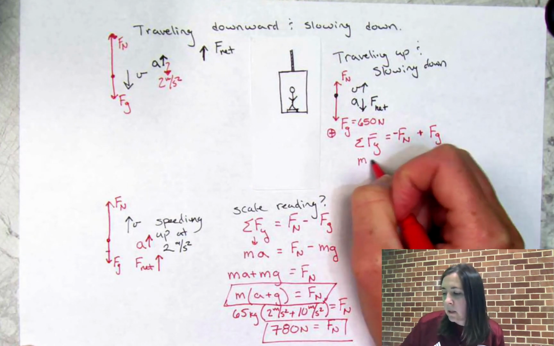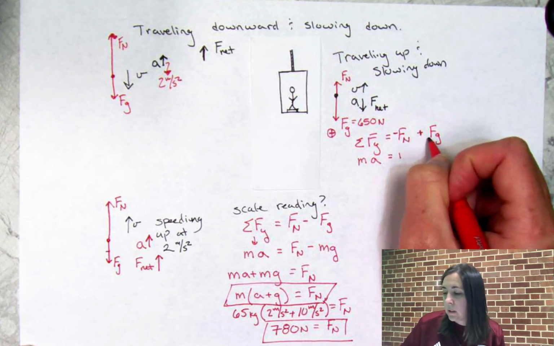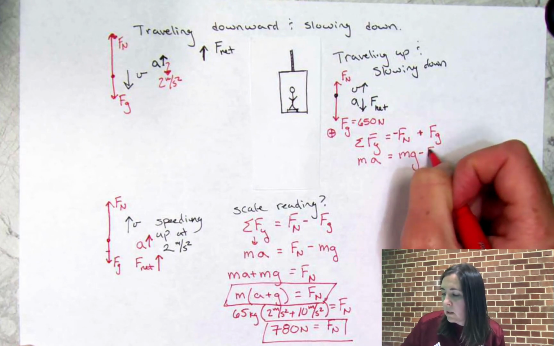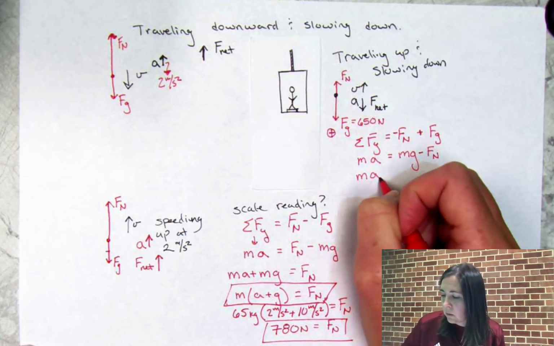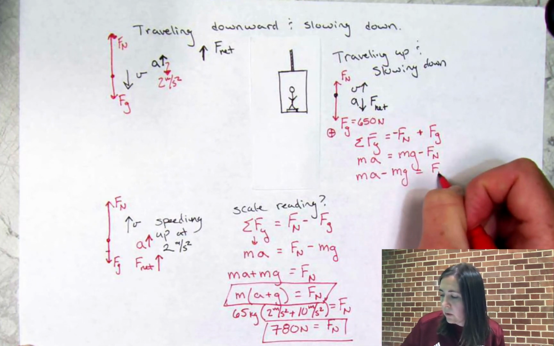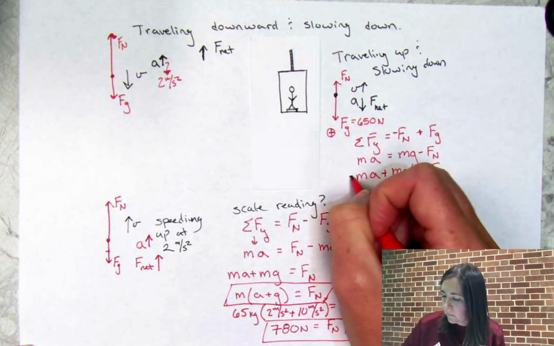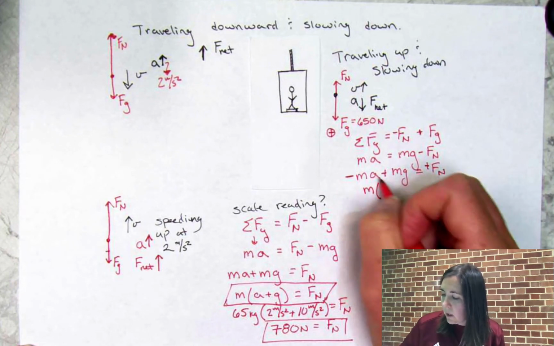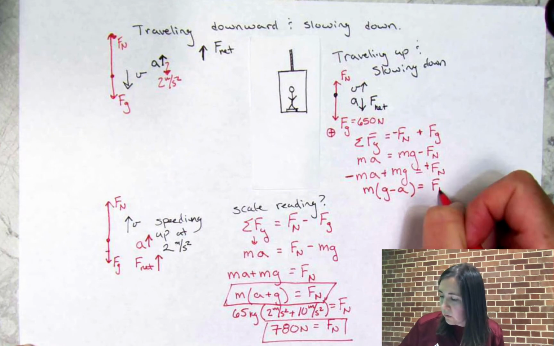That gives me mass times acceleration is mass times gravitational field strength minus the normal force. Pull this over to the other side. Mass times acceleration minus mass times gravity is negative the normal force, so we'll pull that through. And so here we get m(g minus a) equals the normal force.